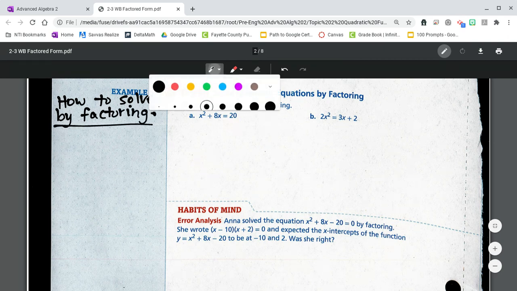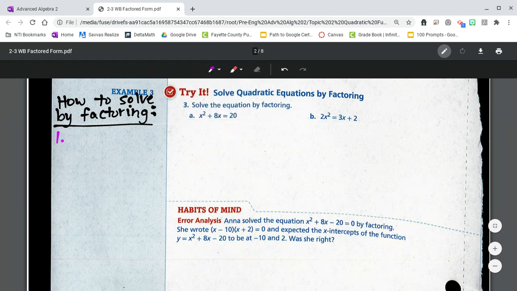All right, step 1. You need to write the equation in standard form and let it equal 0. So you're going to rewrite the equation, and I'm going to abbreviate EQ as equation, in the form ax squared plus bx plus c equals 0.